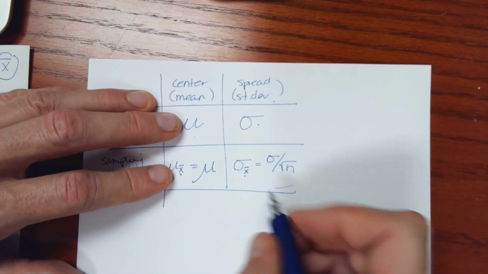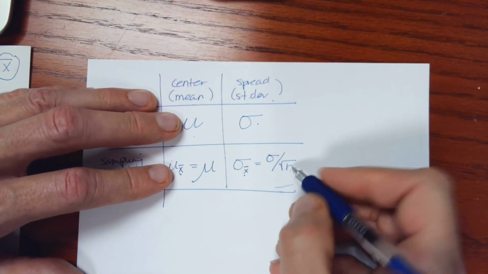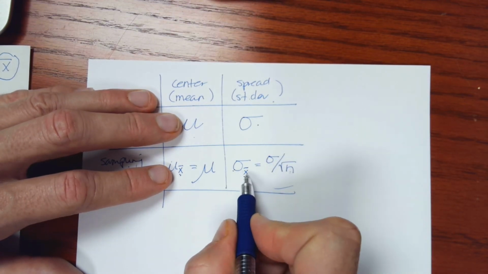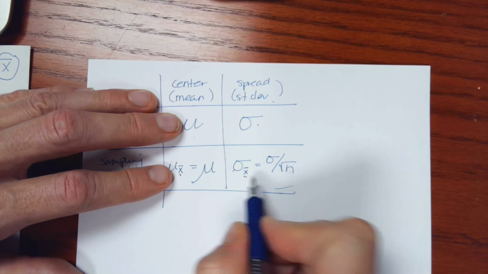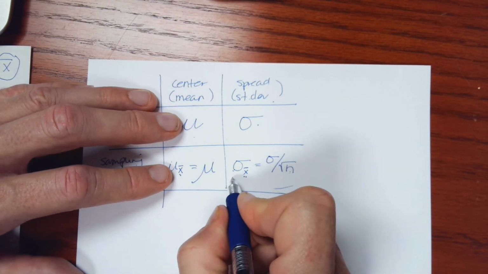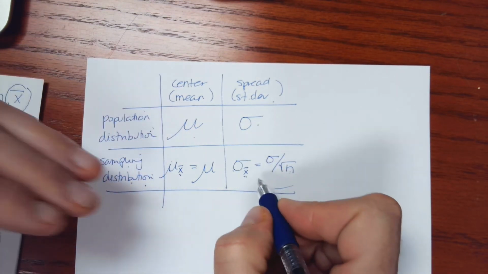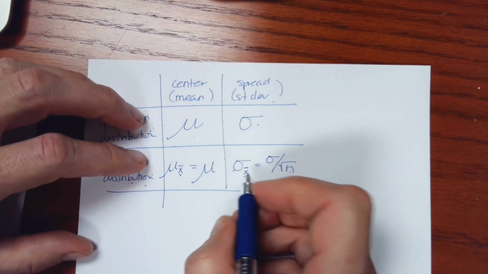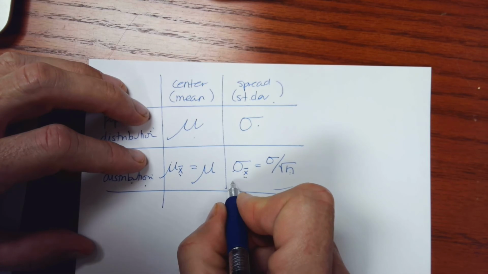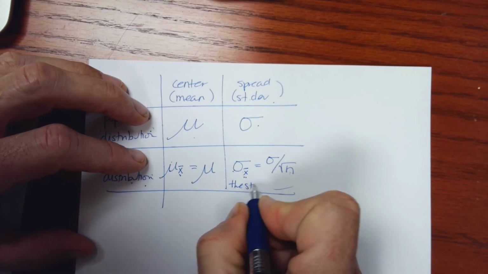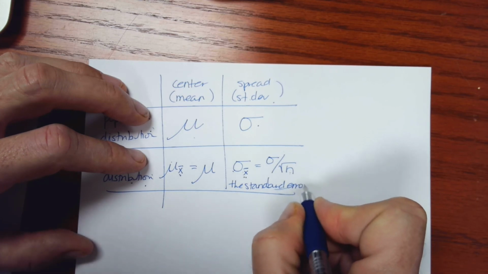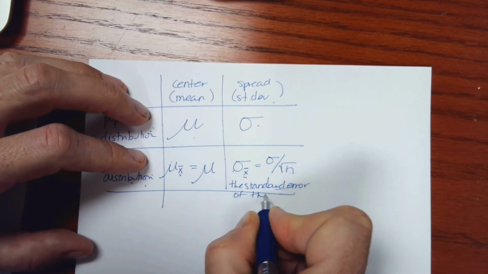So just notice that as n increases, the standard deviation in the sampling distribution of the sample mean will get smaller. It's a little tedious to say the standard deviation in the sampling distribution of the sample mean, so this value we call the standard error of the mean.